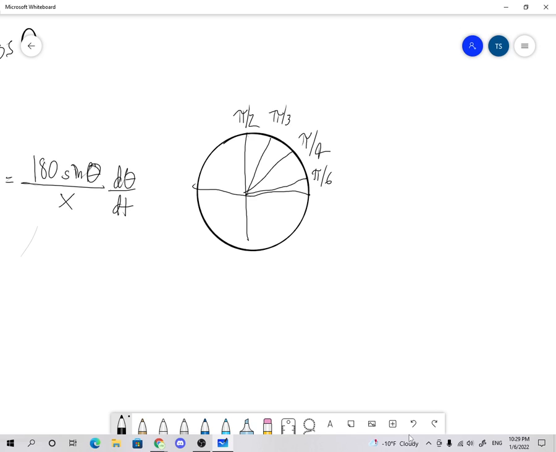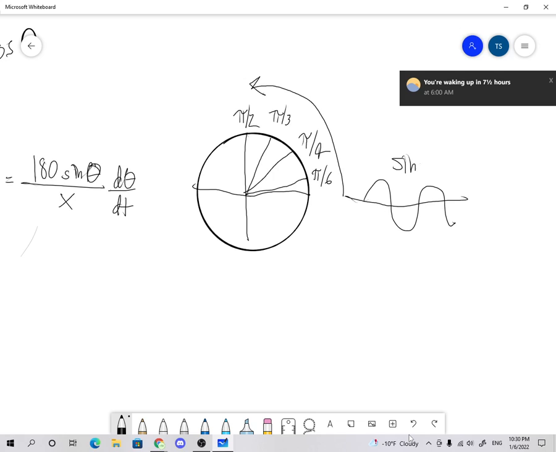So the rate of change of an angle, because angles work as y values, because when we're looking at this, this is a y value on essentially what is a graph of a curve. We're going to use sine.